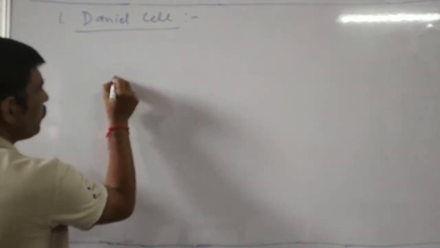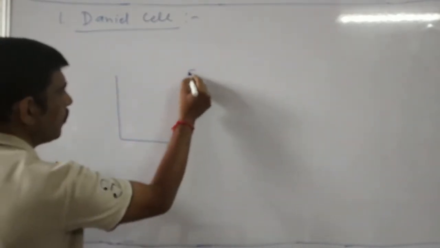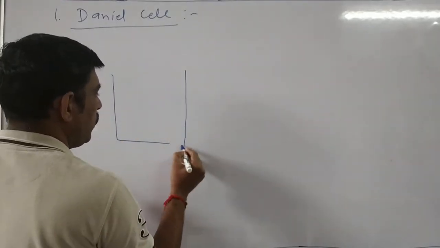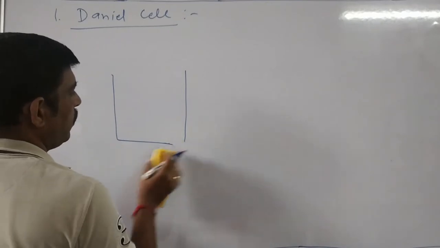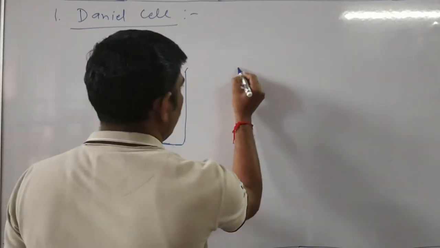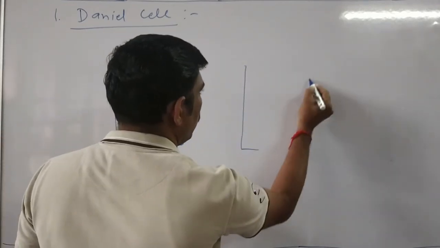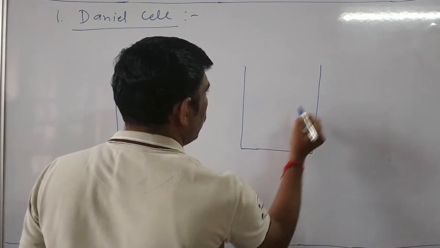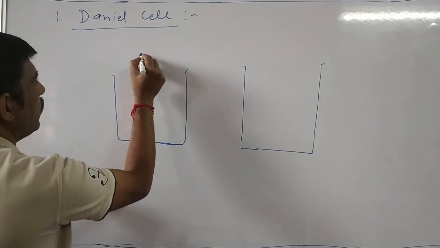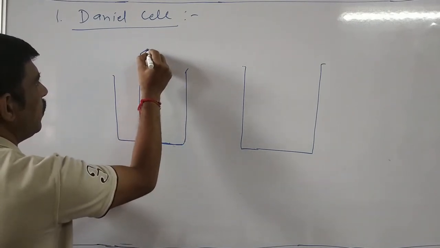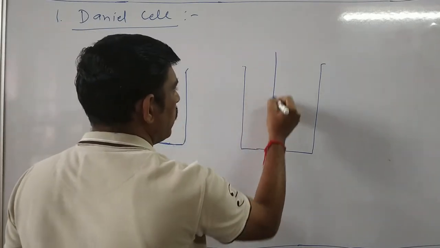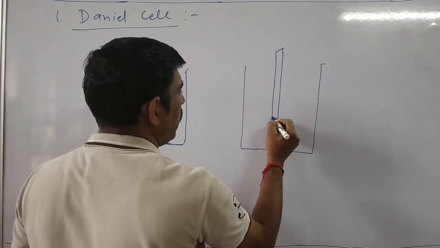So I have this one beaker, and this is another beaker I have. This is one plate, that is an electrode. This is another plate, another electrode.